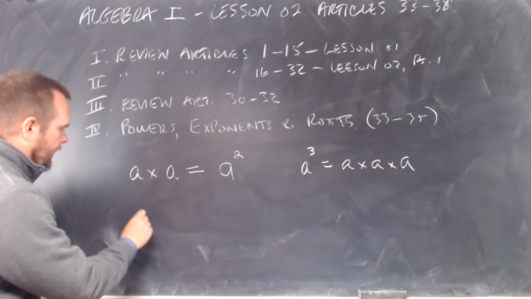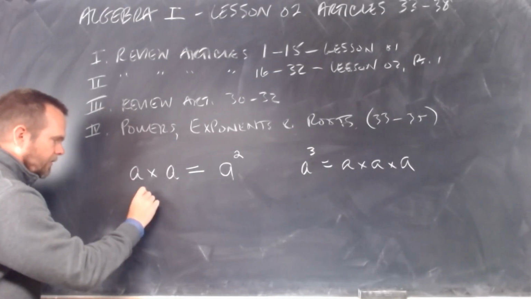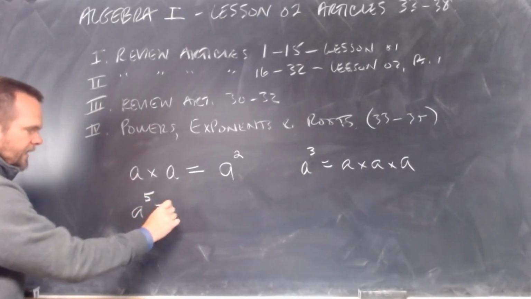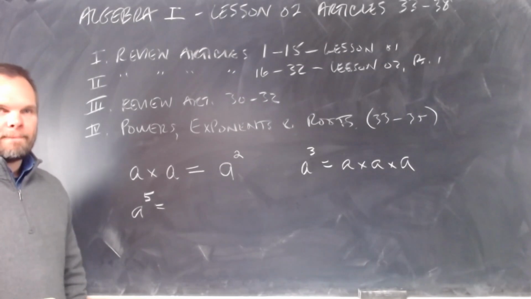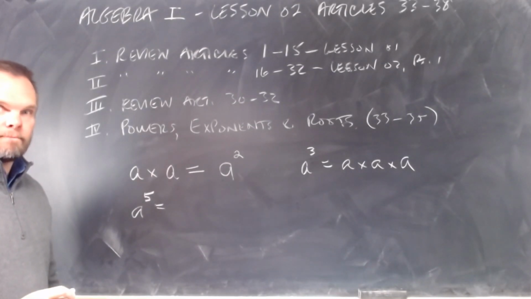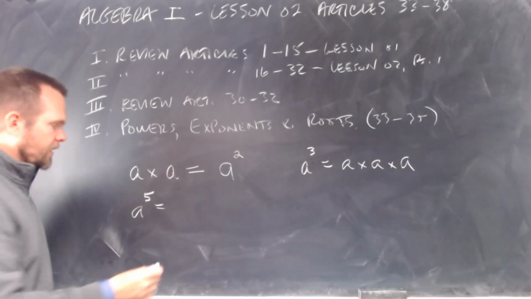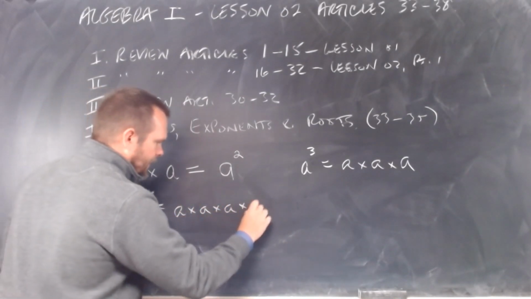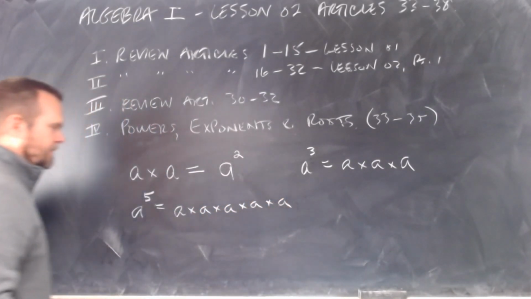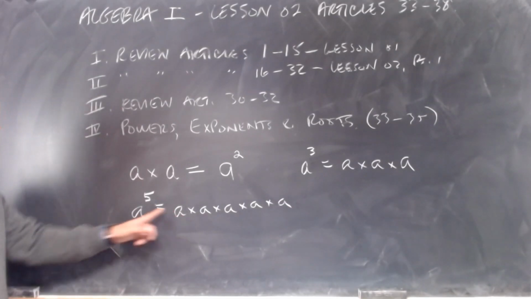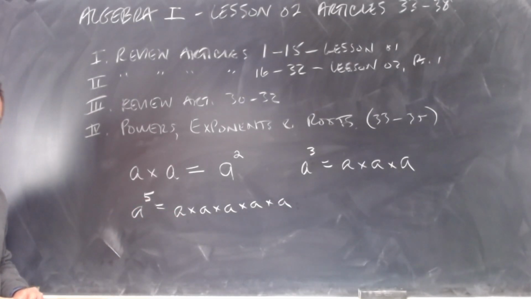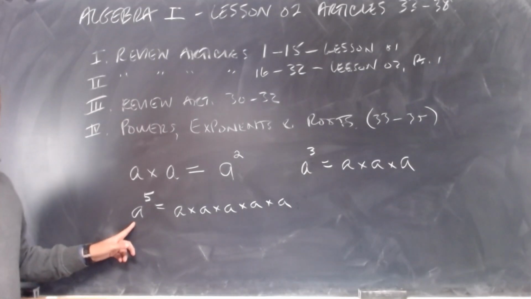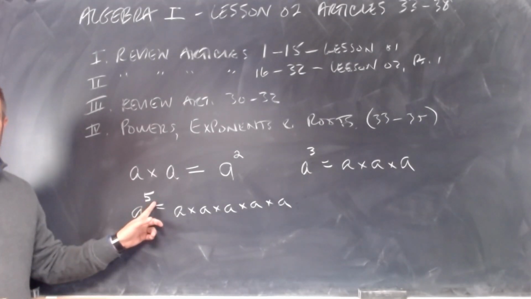If I have A to the 5th power, what does that mean? A multiplied by itself 5 times. Taken as a factor 5 times. A times A times A times A times A. That's A to the 5th power. That's how you read that. If you see this, it's A to the 5th power.